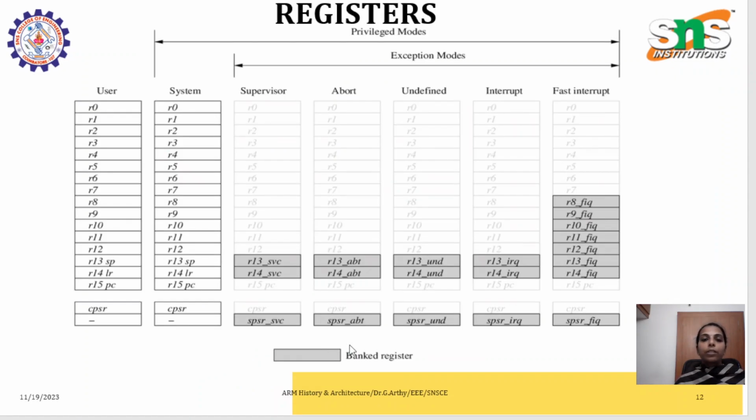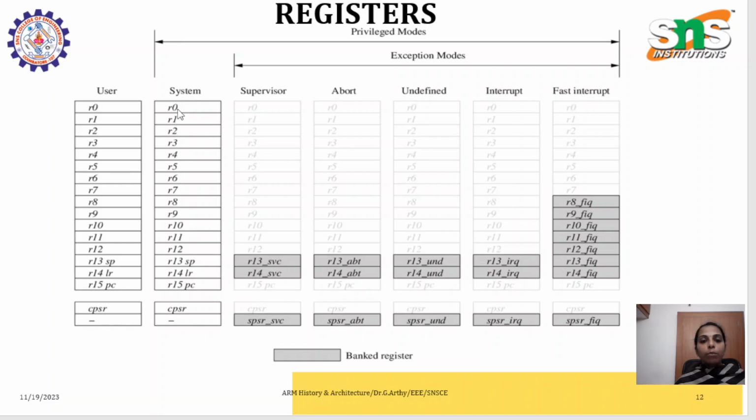Coming to the registers, it is a register-based load-store architecture, so we have to speak about the registers too. It has 37 registers, each of which is 32 bits. Using these registers, the ARM can work under 7 different modes of operation. One is user mode, another is system mode, then supervisor mode, abort, undefined, interrupt, and fast interrupt mode.